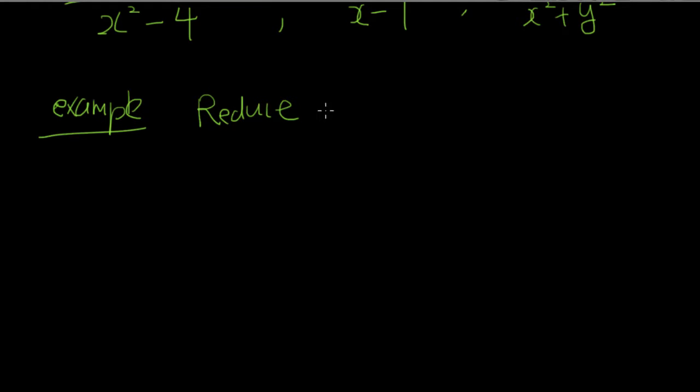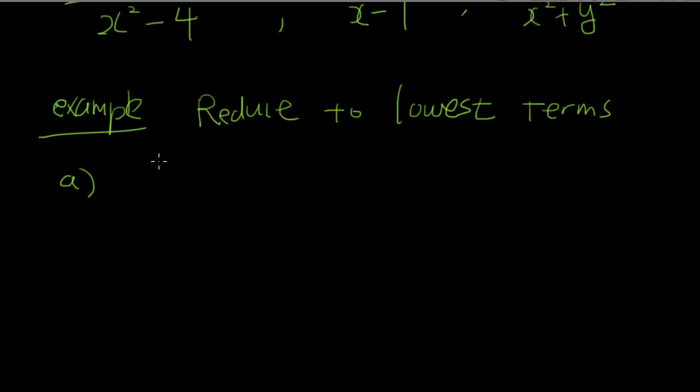Basically what they are asking is to factor if you can, cancel the same common factor top and bottom, and reduce it down to the simplest form.